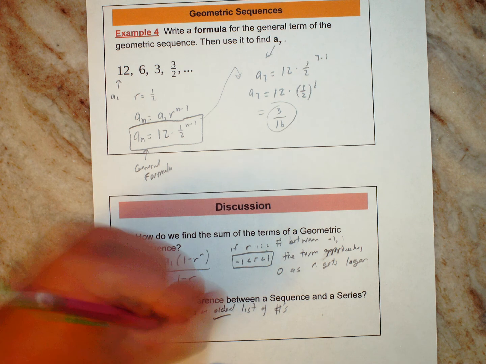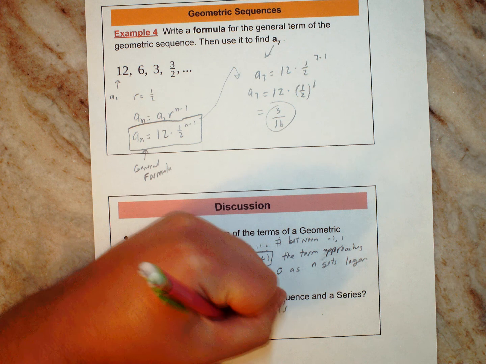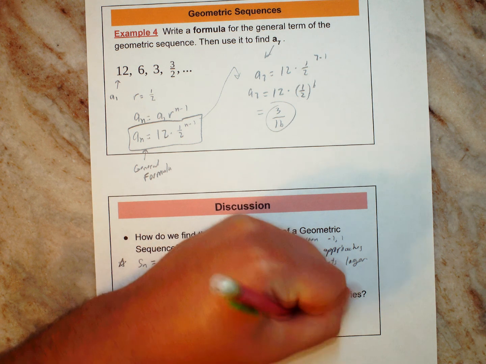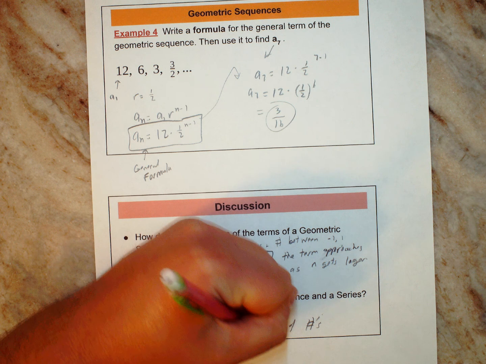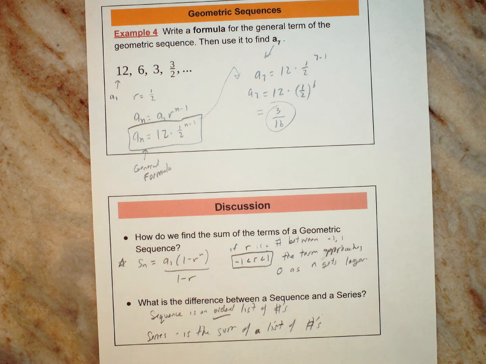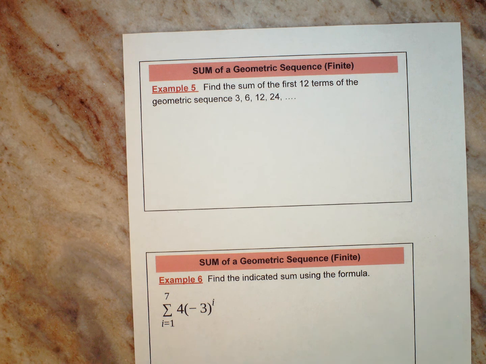A series is the sum of a list of numbers. So just some notes that I want you to have. And we're going to keep going. Just got 2 more questions, and then we are done for the day. 2 more examples before everyone does their MyLab.